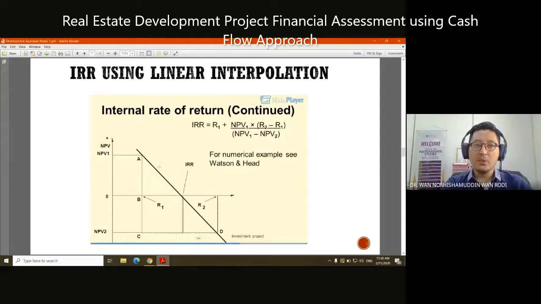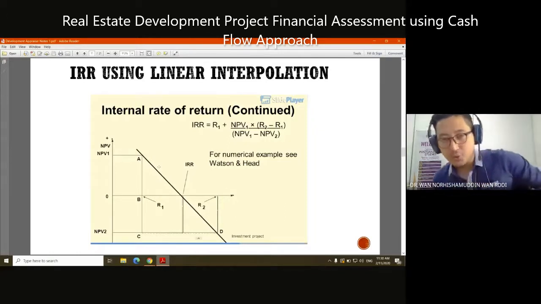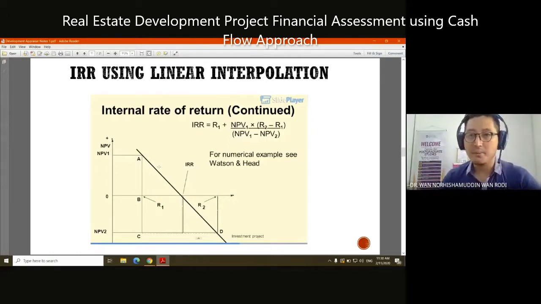Okay, another approach to calculate the IRR is using linear interpolation. So this is what I have mentioned before. You have to get yourself a graph paper and a ruler, and then search using the graph paper. As far as what we can see in this slide, our IRR is a rate that stands between R1 and R2, and it will produce NPV 0.